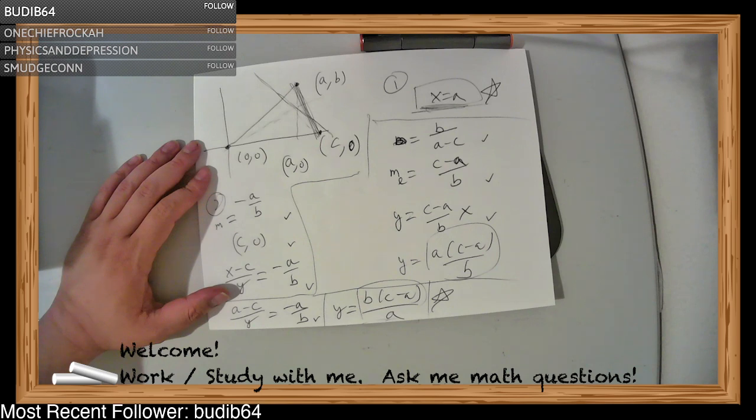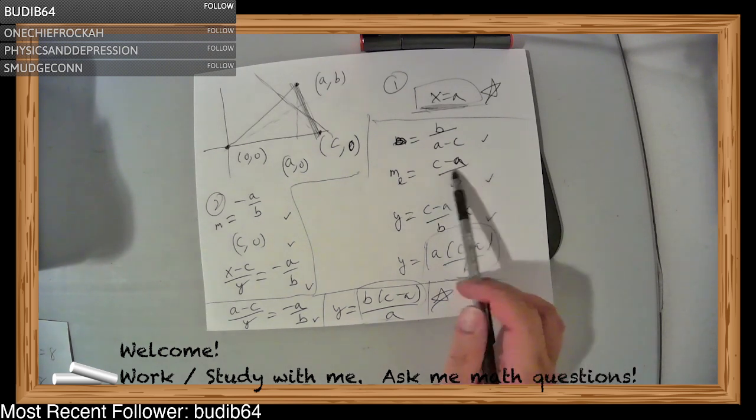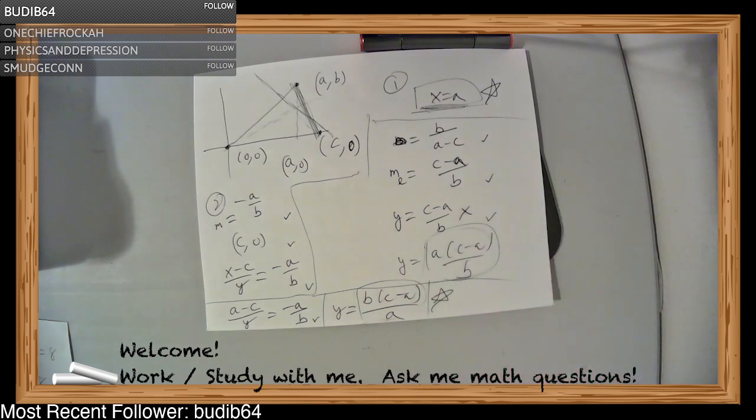Let's see. So we get this here and this here, and they're not the same. Huh. What have I done wrong?